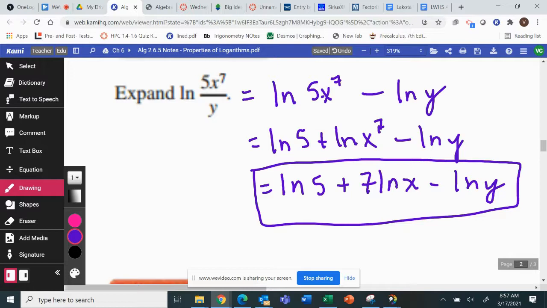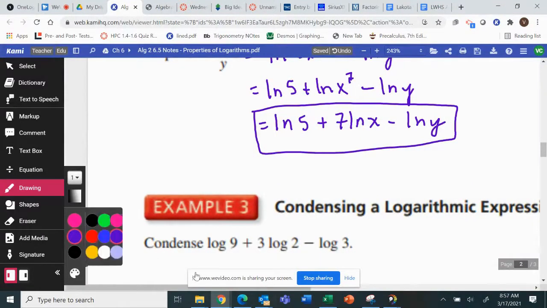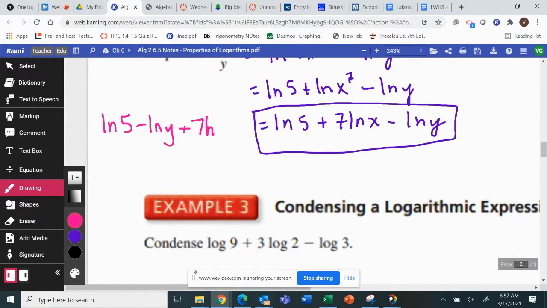Now I want to show you something that is important, and there's not a whole lot of practice about it, so I kind of like to add things in here. If I rewrote this as, I don't know, ln 5 minus ln y plus 7 ln x, is it still equivalent? Is there a rule in math that says we're allowed to add in a different order?